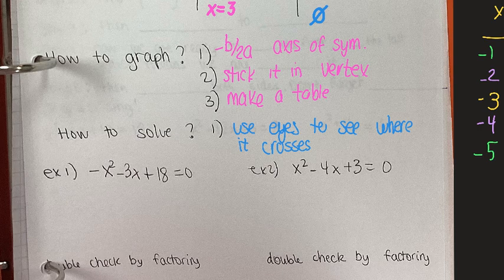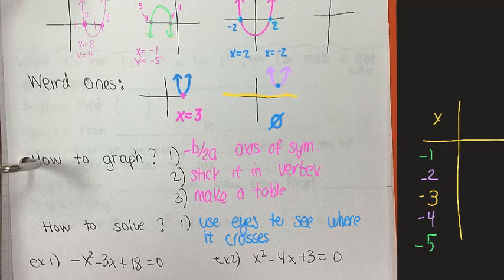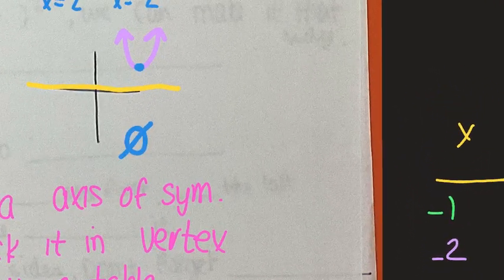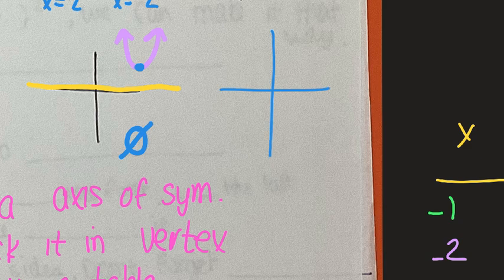I'm pretty sure the homework is going to have another weird one. Let's add another weird one over here. So just take your pencil, boom, boom. Let's label this 1, 2, 3. It is possible for the dots to be in the middle, like they would be decimal or fraction answers.